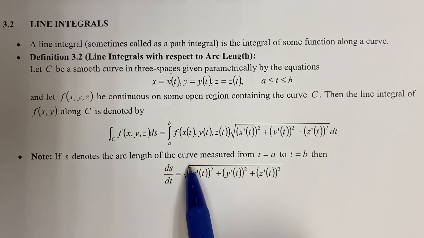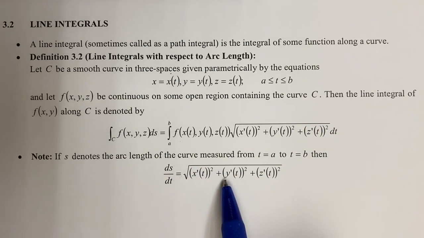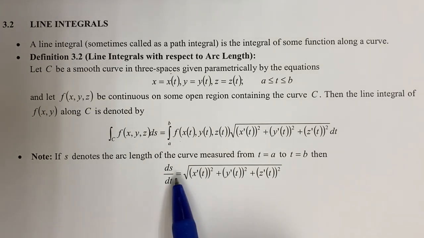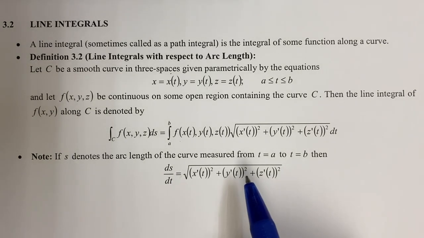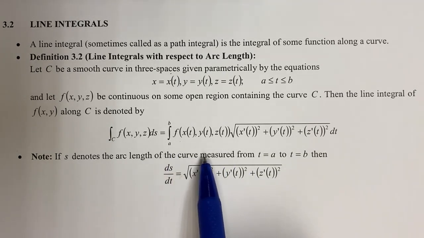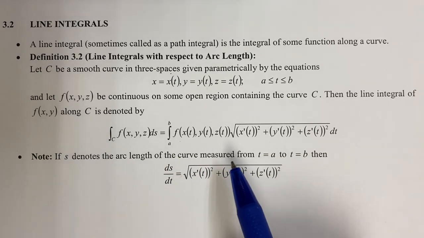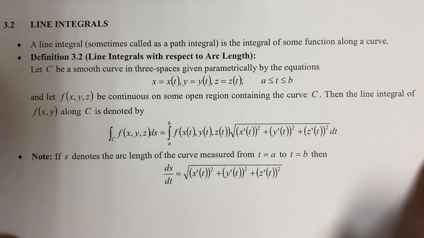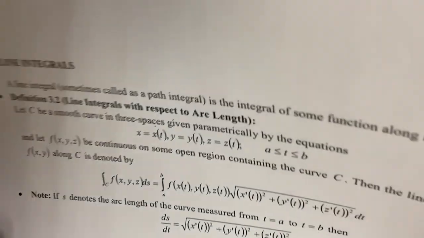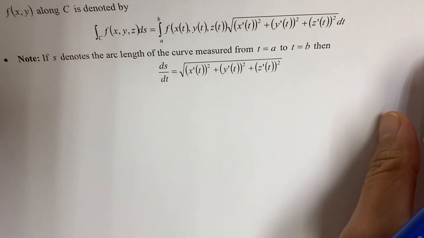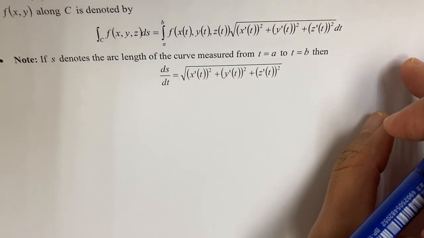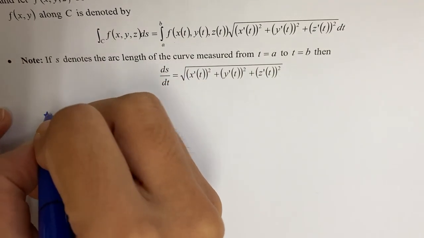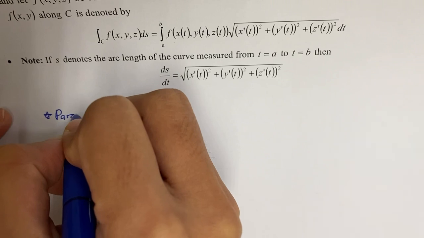You know that this square root is equal to ds over dt, the arc length of the curve. There are a few parametric equations you need to know in order to solve for line integrals, and we will use this a lot in this chapter. So the three parametric equations.